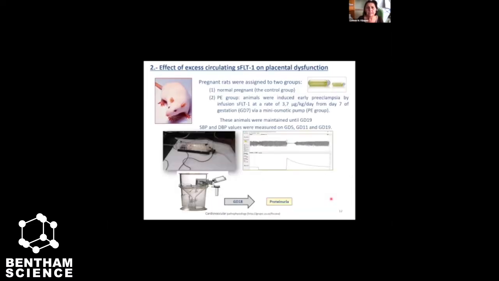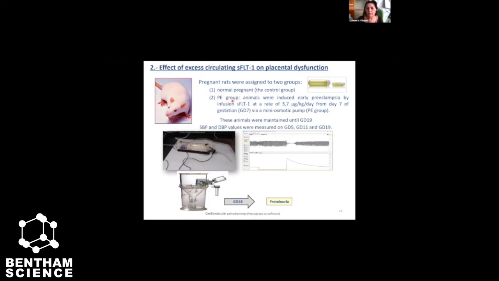In the second study, we worked on the effect of unsex circulating sFLT1 on placental dysfunction. In this case, we used pregnant rats. These pregnant rats were assigned to two groups, control normal pregnant, and a preeclamptic group.